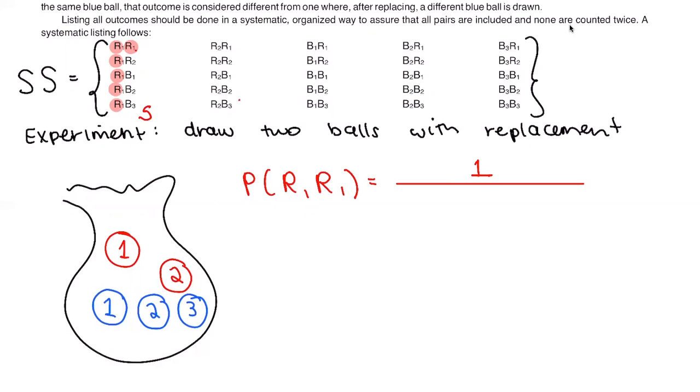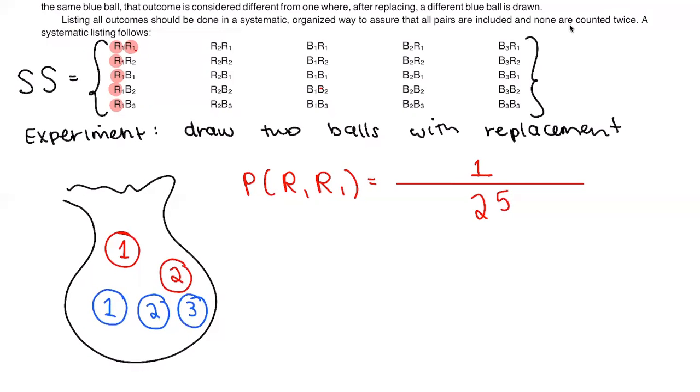And there's one, two, three, four, five columns. So that's going to be 25 total possible outcomes. So the probability of getting R1, R1 is 1 out of 25, or 1/25th, however you want to word it.